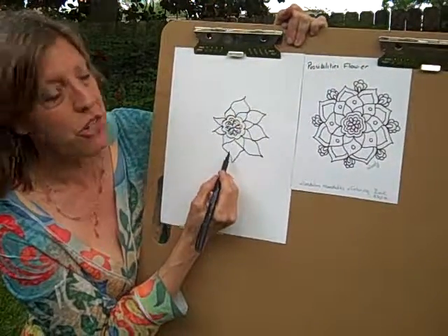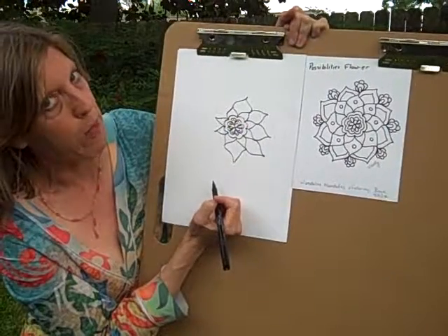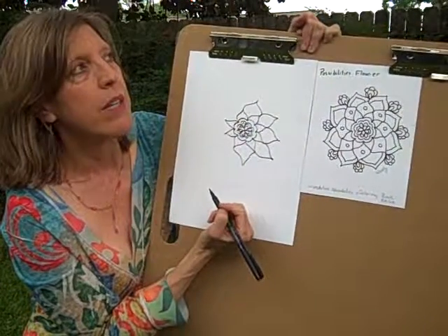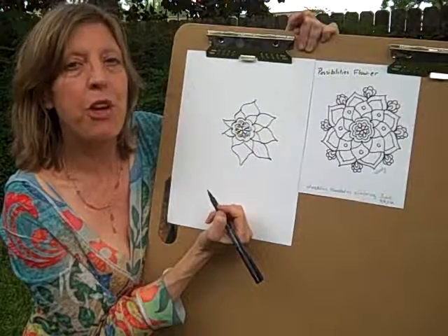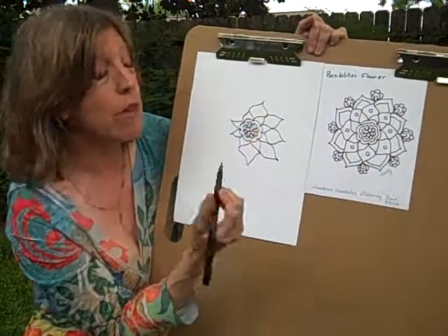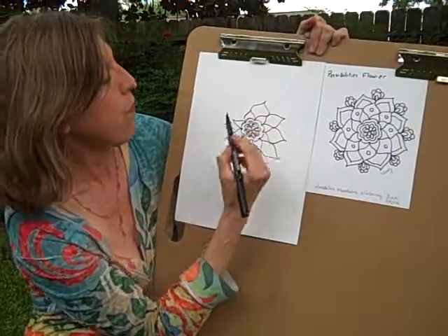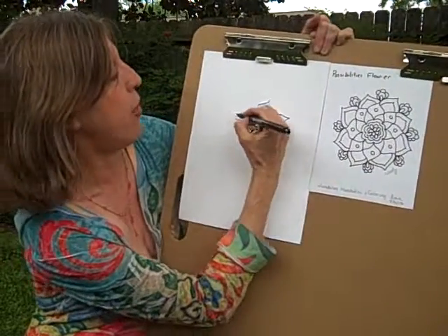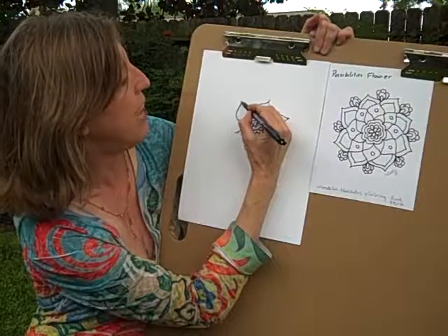That looks like a kite right there, doesn't it? Doesn't look like a petal. But then again, are any of the petals on the flowers exactly the same anyway? Maybe there is a petal that looks like a kite, who knows? So let's see if I can do this at this angle.